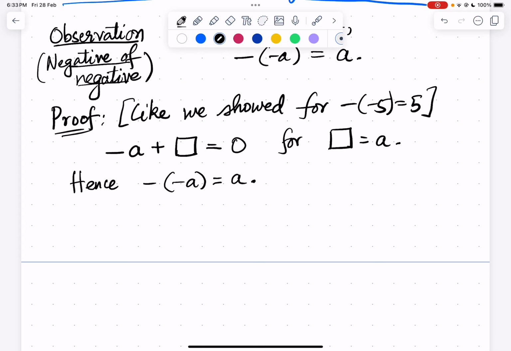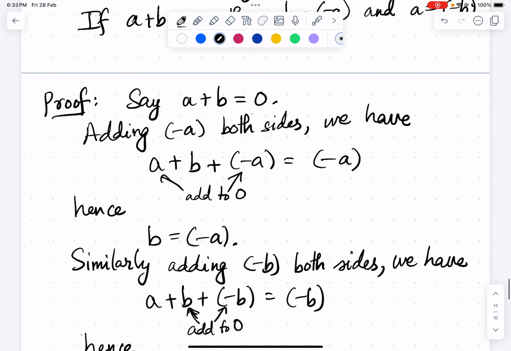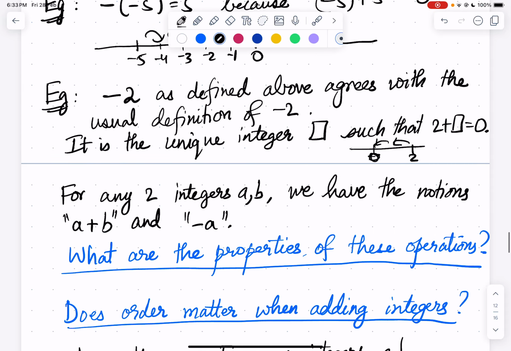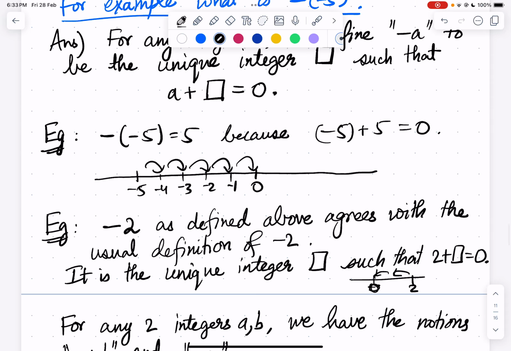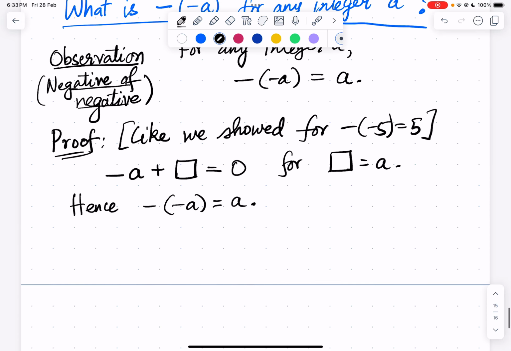So minus of minus a is that integer box such that minus a plus box equals 0. But we have that minus a plus box equals 0 for box equals a. Hence minus of minus a is a. It is more or less by the definition.